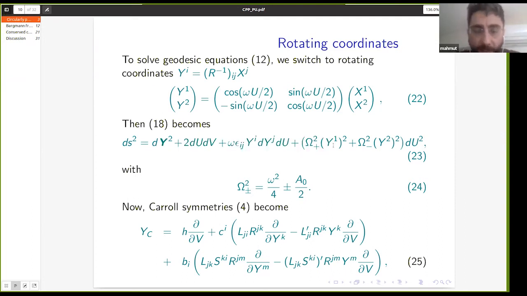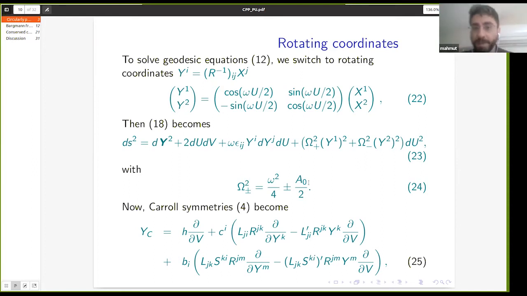Now, please remember, you had previously A0 and omega. A0 was the amplitude, and omega is actually the frequency of the wave. Now, they combine to give you two new constants, big omega plus and big omega minus. So they are a combination of the little omega and A0, okay?